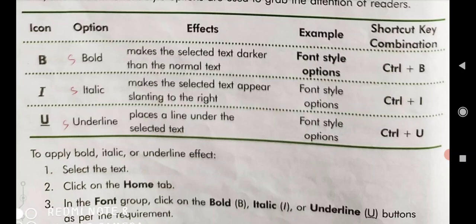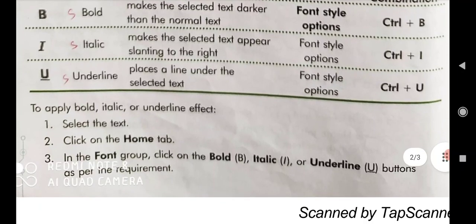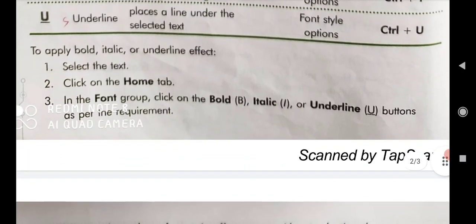We put an underline on that particular letter, word or text with the help of the underline option, that is U. We also get this option in the font style option, and the shortcut key is Control plus U.